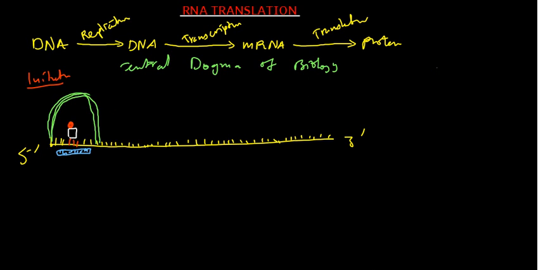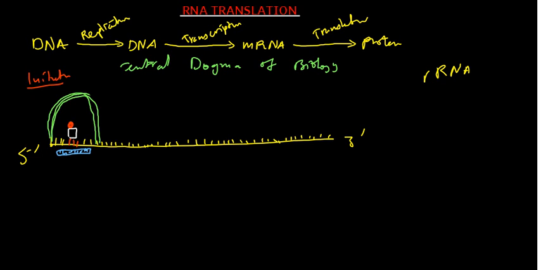Well, a ribosome together with the ribosomal RNA, that is rRNA. So it is very difficult for a ribosome to synthesize a protein without rRNA. So a small ribosomal subunit, a large ribosomal subunit, together with rRNA, they are going to start now moving in this direction to now start synthesizing a protein.